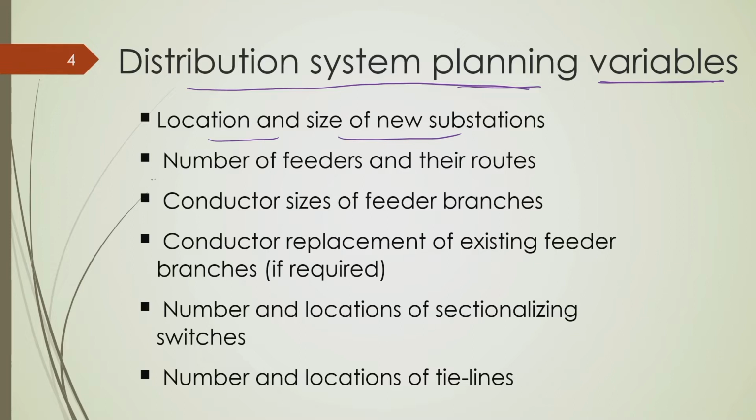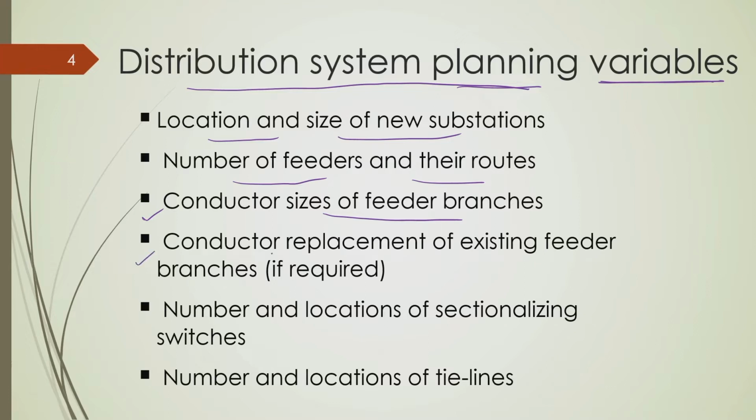Similarly, we need to determine the number of feeders and their routes. So, determination of the number of feeders and their routing are planning variables. Similarly, we need to determine the conductor size of feeder lines or feeder routes at each and every distribution line, that is, what should be the ideal conductor size. That is also one of the decision variables.